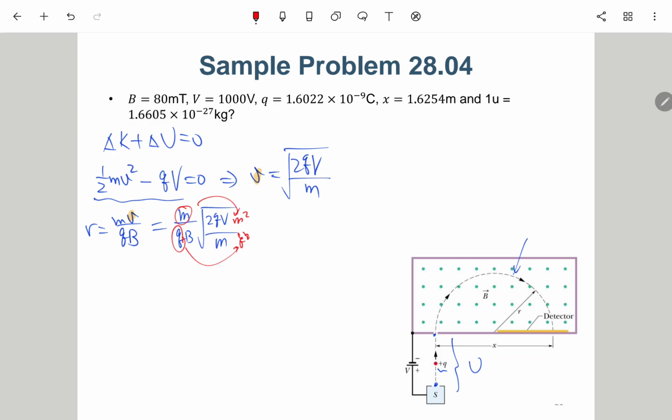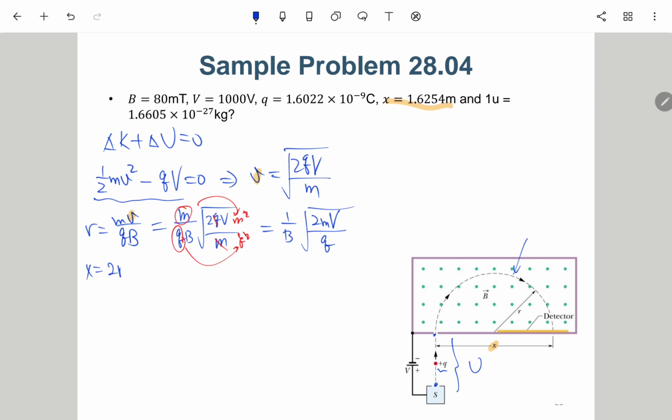So this q and q can cancel, this m and m can cancel. So it becomes 1 over B and then square root of 2mV over q, something like this. Okay, so here what we get is this x. This x is actually 2r.